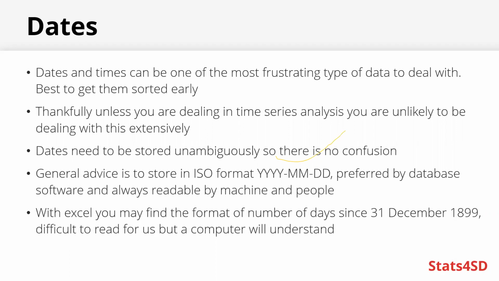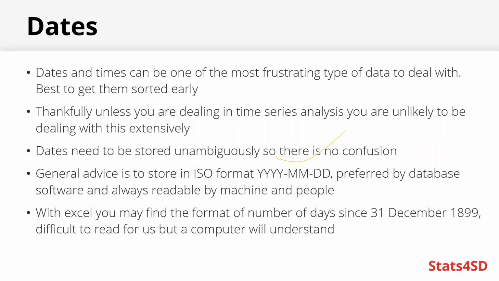With Microsoft Excel, which I know a lot of people here would use, the default format is a little bit confusing sometimes. Often when switching between Excel and some sort of data analysis software, you find that the date ends up getting formatted as the number of days since the 31st of December 1899.